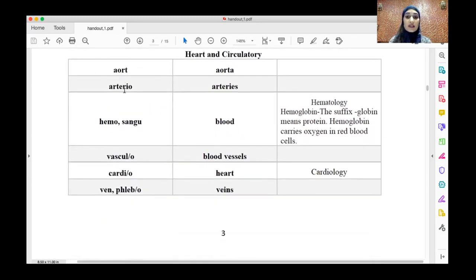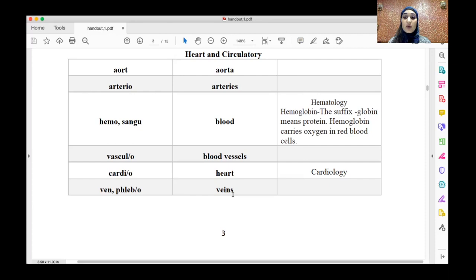We have the heart and circulatory system, like for example, aort means aorta. We have arteri referring to the arteries. We have hemo or hema referring to the blood, like for example hematology, where hema means blood and ology means the study of. So hematology means the study of the blood.